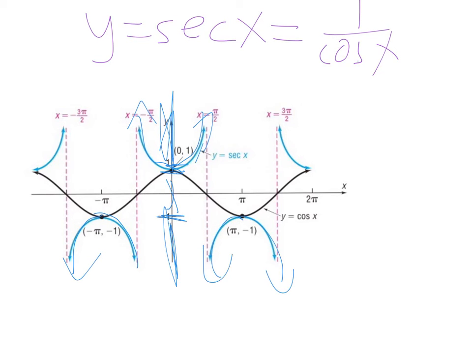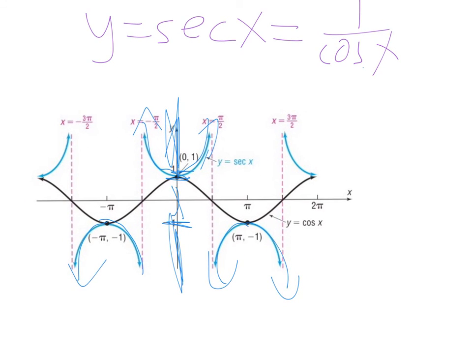Alright, and the domain for the secant is the set of all x's such that x cannot be at intervals of k pi over 2, where k is odd, because that would make cosine equal to 0.